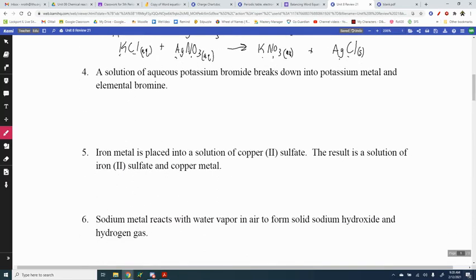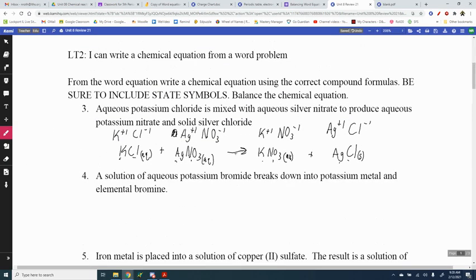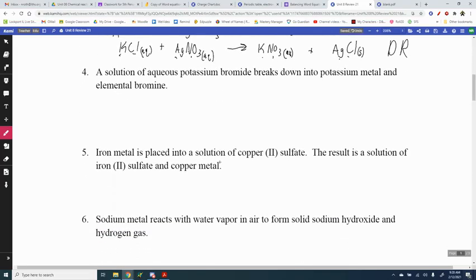Next one: a solution of aqueous potassium bromide breaks down into potassium metal and elemental bromine. I don't think it actually says this in the directions, but we are going to classify this reaction. There's more on that later, so I'm not going into detail. So we have potassium bromide.